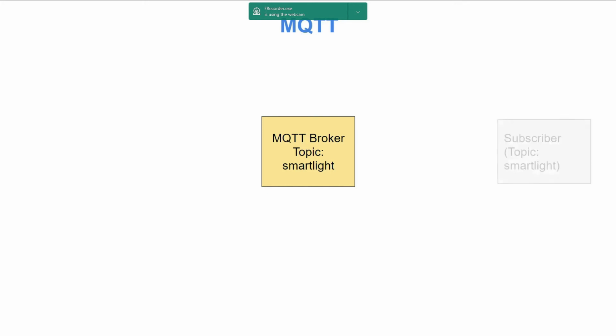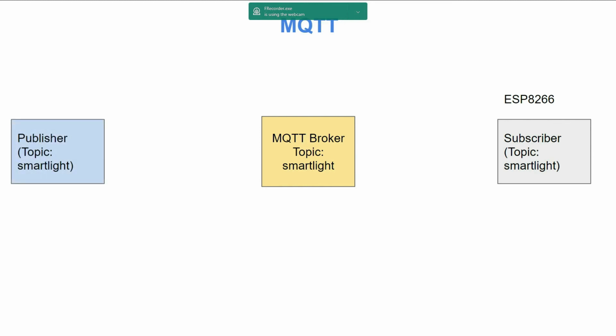So now let's see the architecture of our application. Again, we have one MQTT broker. We have one single topic, Smartlight. We have one subscriber, which is subscribed to the topic Smartlight, and in our case it is our ESP8266 development board. We have one publisher that would be publishing the messages on the topic Smartlight.